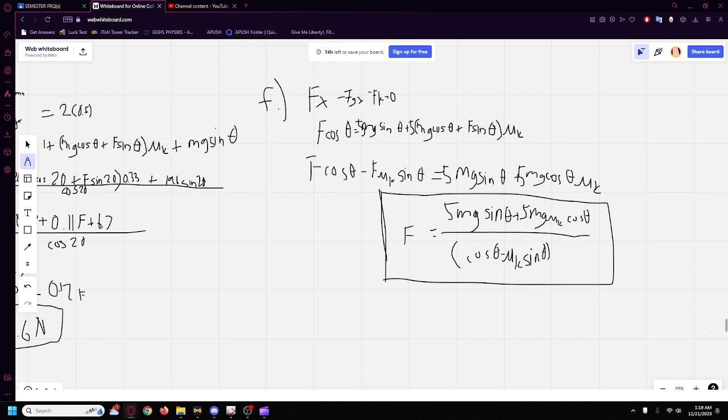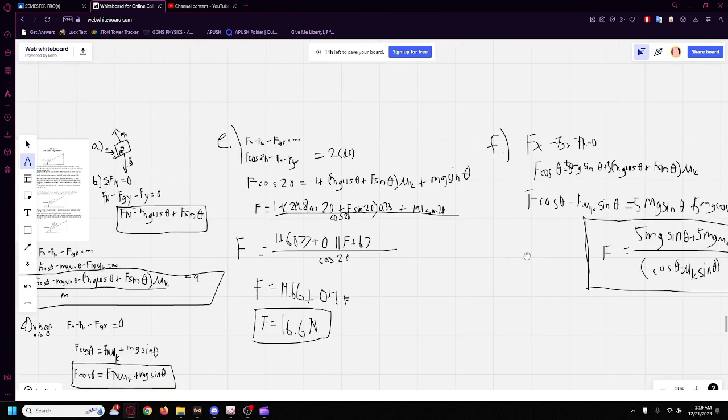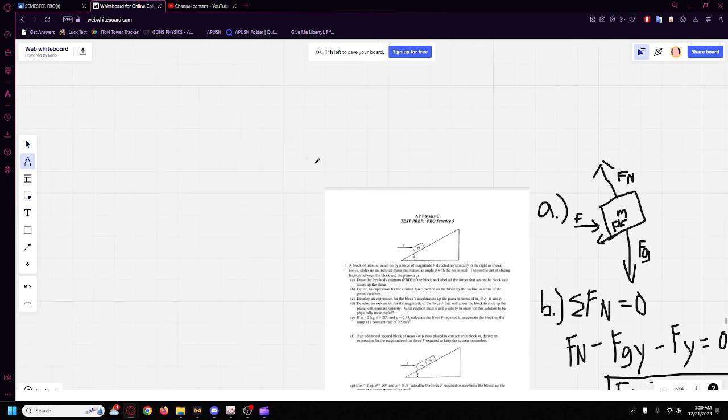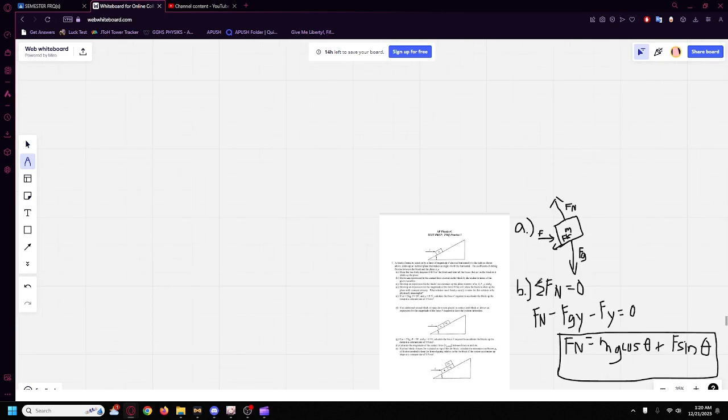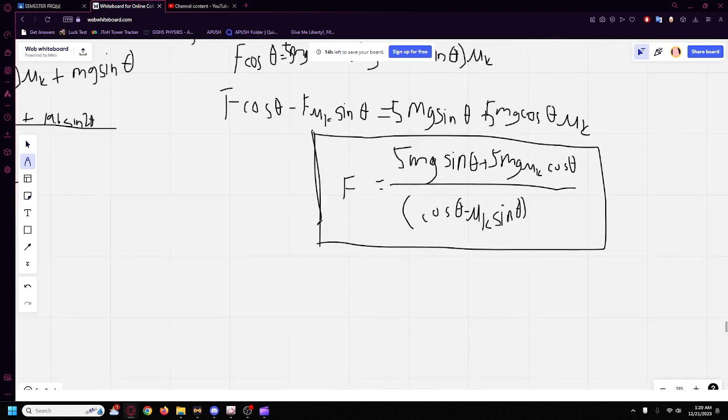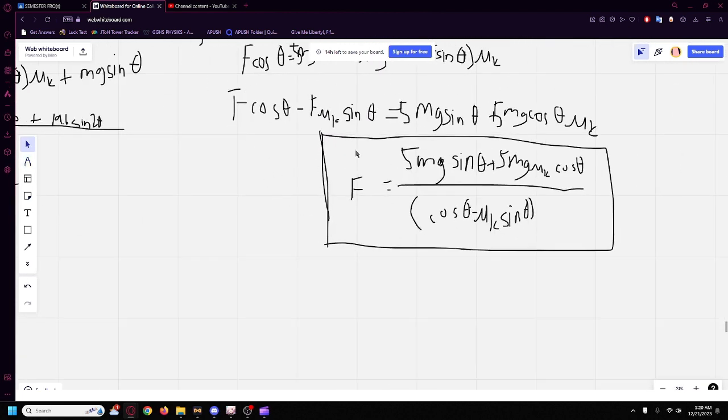So for part G, it asks to calculate force F. We can just use the formula we just derived to do it.